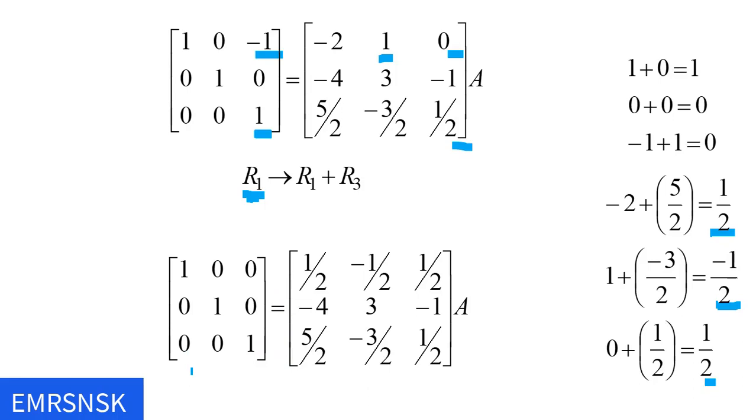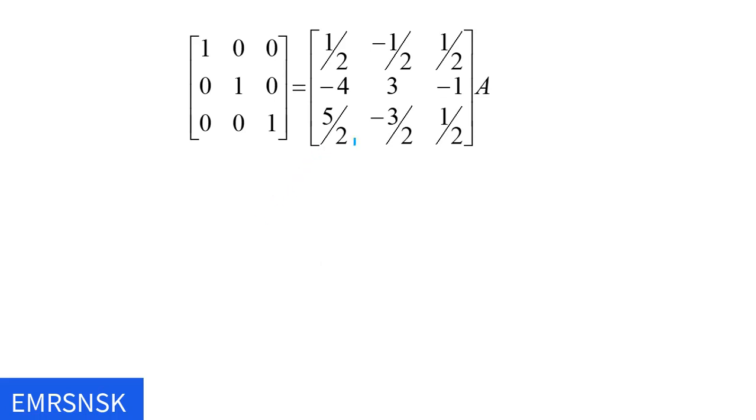Now if you see, my left hand side is now an identity matrix, and after applying the same elementary operations on the right hand side, this matrix is some other matrix B times A. Now if you see, the multiplication of this matrix and matrix A is the identity matrix.